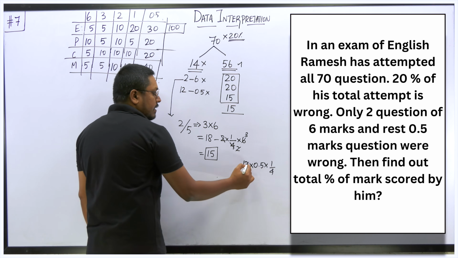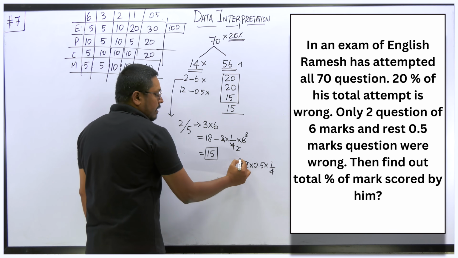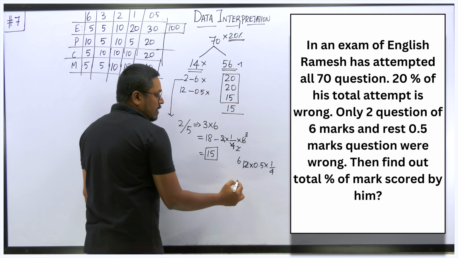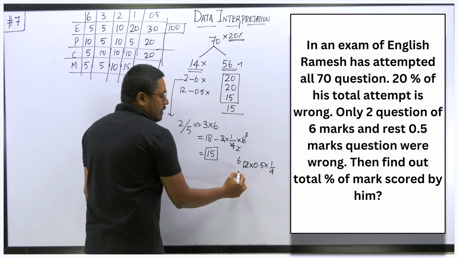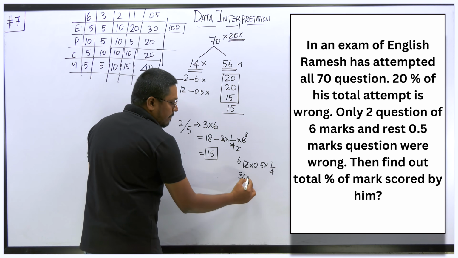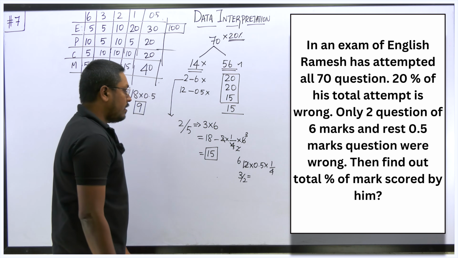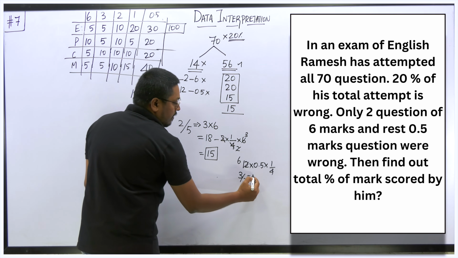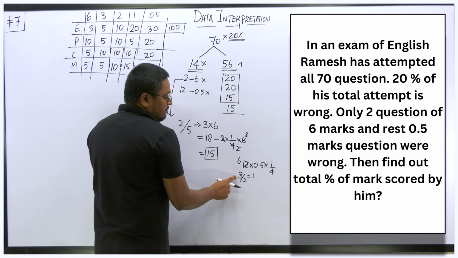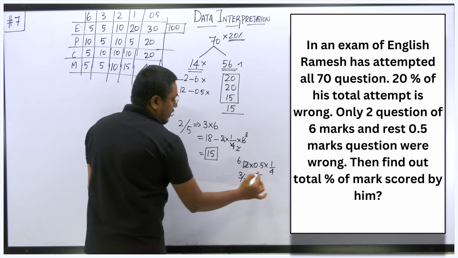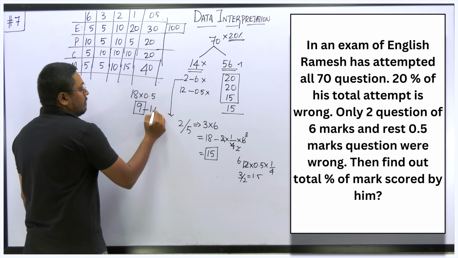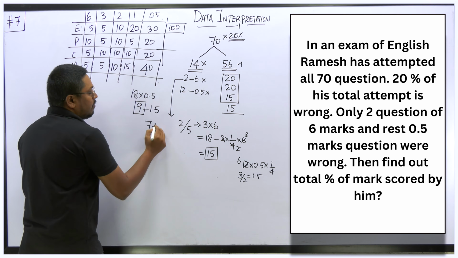So when you cancel it, 6 twos are 12, so this will be 3/2, which will be 1.5. So when you subtract 1.5 here, this will be 7.5.